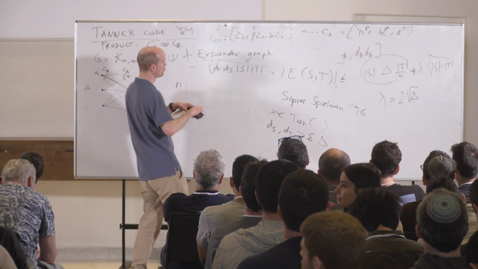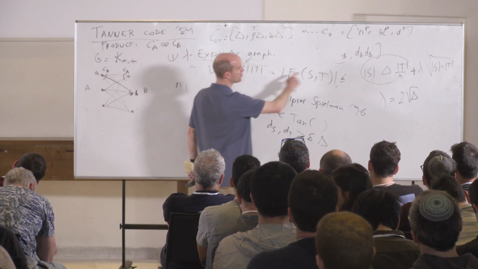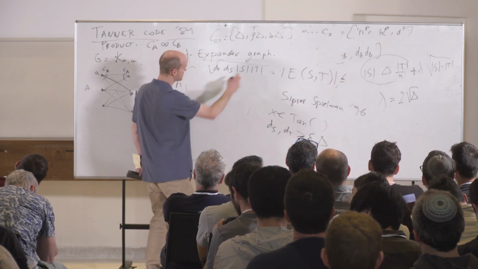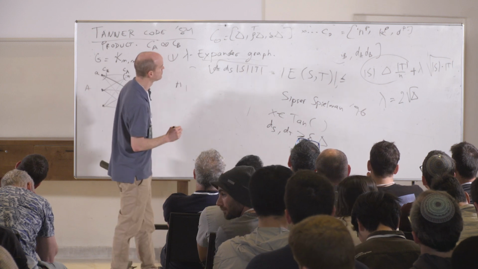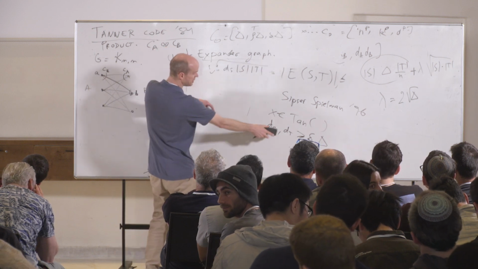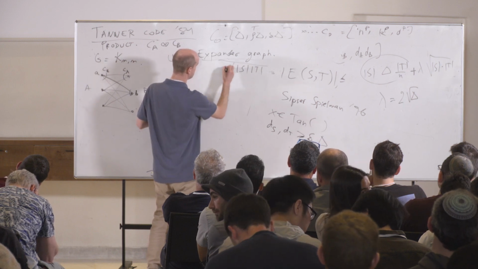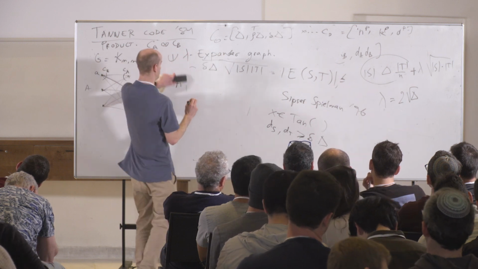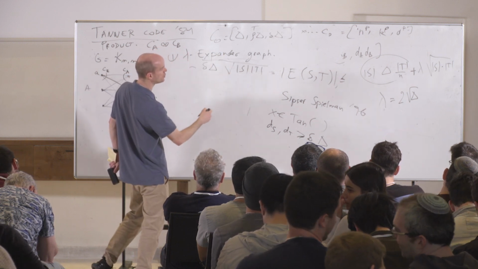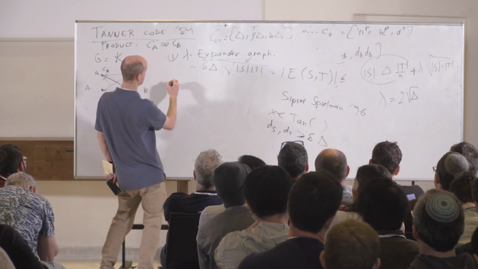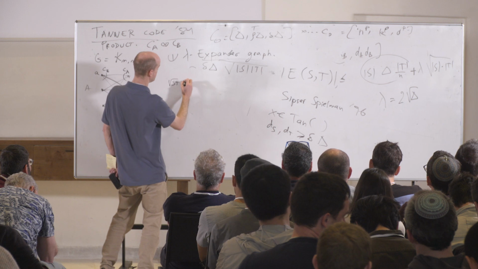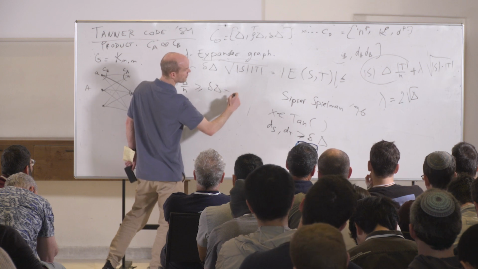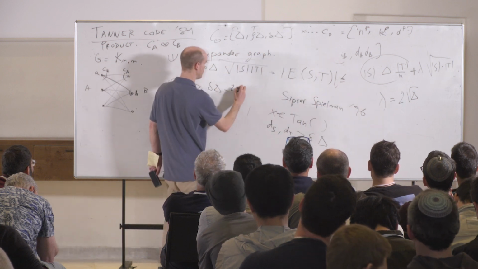And now if you look at this equation, you can divide everything by square root of st. Since ds and dt are at least delta times delta, if you divide everything by square root st and move things the other way, what you get is square root of st times delta n, which is at least delta delta minus this lambda, which is 2 square root delta.